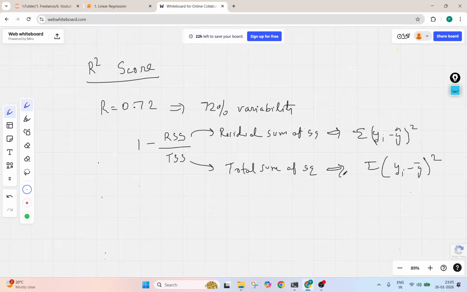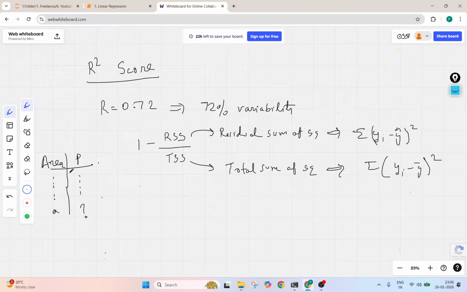So basically what R2 score does is it explains how much better a model is with respect to a simple mean model. Let's say what we did was area and price. So you have several areas and several prices, and I give you an unseen area and you need to predict the price.